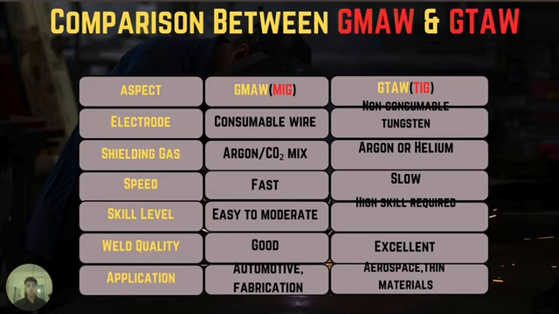GMAW is faster and easier to learn, but the weld quality is slightly lower. GTAW is slower and needs more skill, but it gives excellent and precise results. In industry, GMAW is used for automotive and general fabrication, while GTAW is preferred for aerospace and thin material.